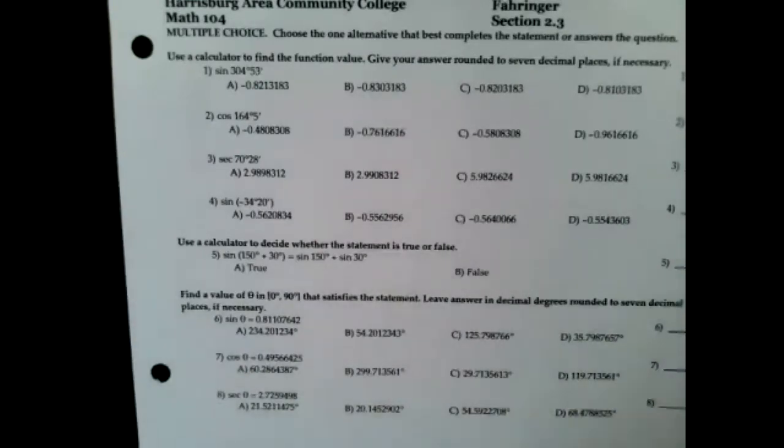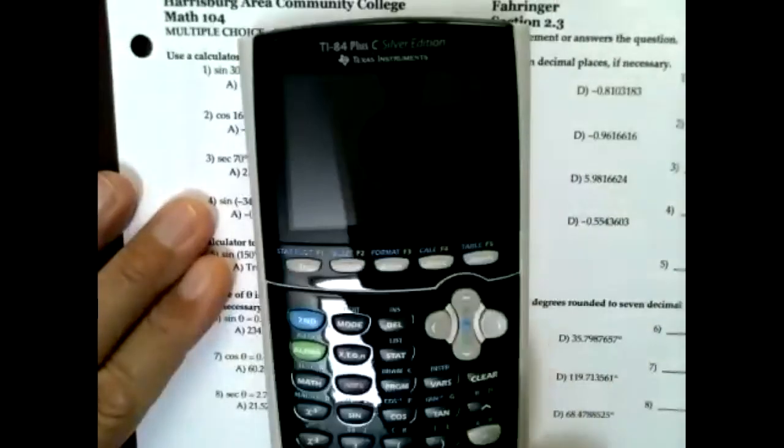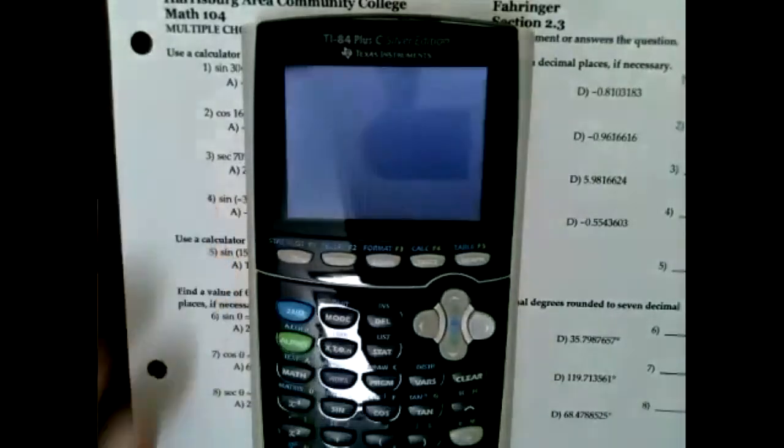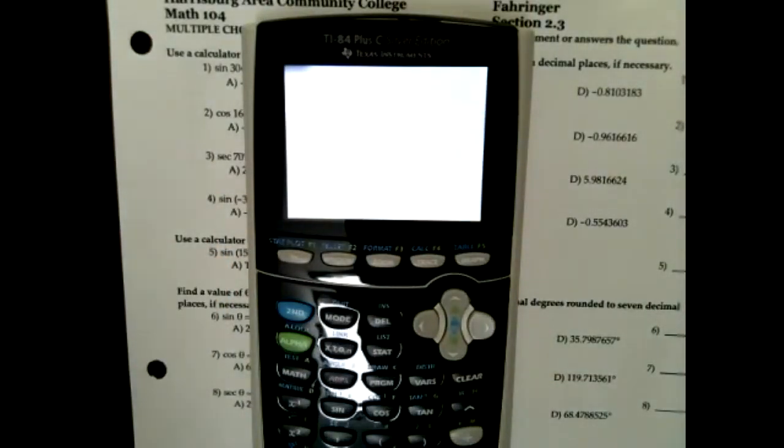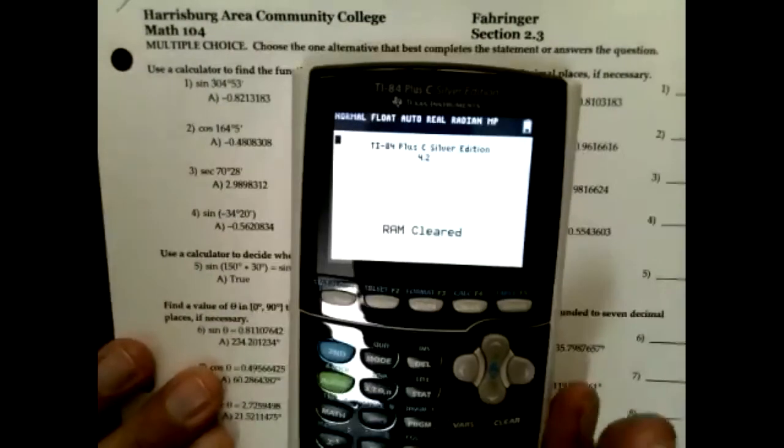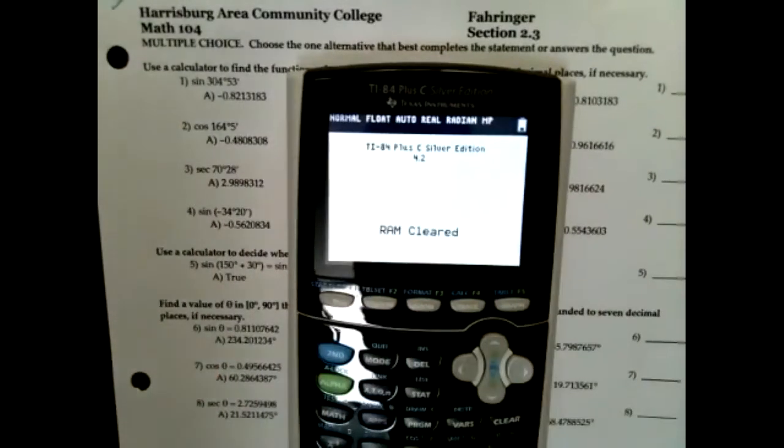Well, let's see what we got. I have a graphing calculator. Some of you can do it on other calculators. I don't know how well you can see this, but it's on, nice. And RAM's cleared. I haven't picked this guy up in quite a while. So let's see if I can figure out how to do the sine of 304 degrees, 53 minutes.